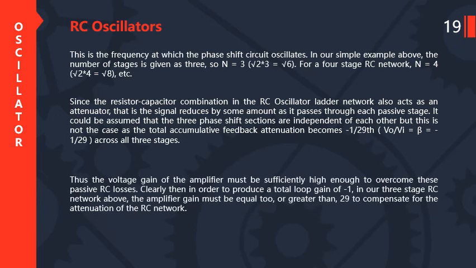Thus, the voltage gain of the amplifier must be sufficiently high to overcome these passive RC losses. Clearly then, in order to produce a total loop gain of -1 in our three-stage RC network above, the amplifier gain must be equal to or greater than 29 to compensate for the attenuation of the RC network.